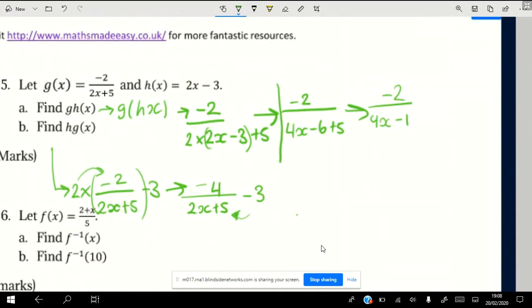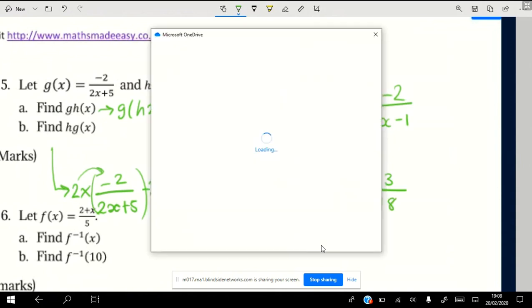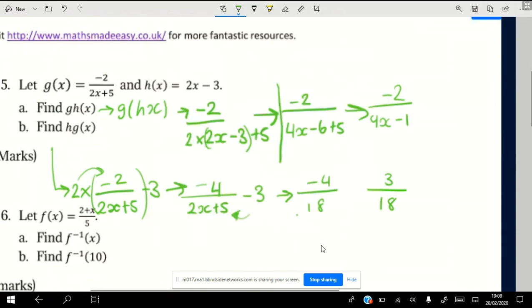Okay. Well. Can I make the denominator 3 over 18 minus 4 over 18? No, no, no, the denominator is the same. Denominator same, which means 2x plus 5, right? So you have to make the denominator of 3 also 2x plus 5.